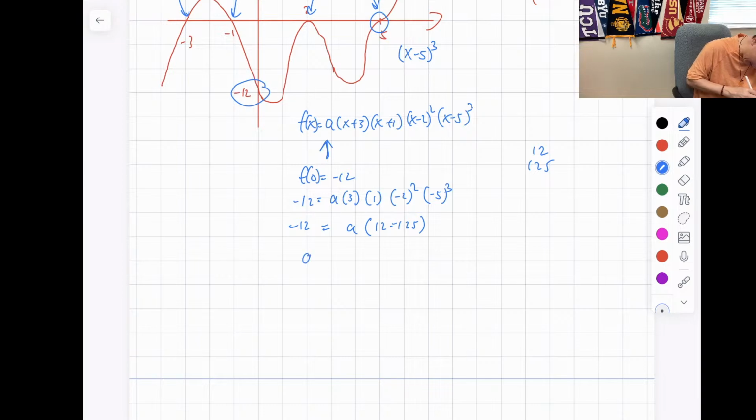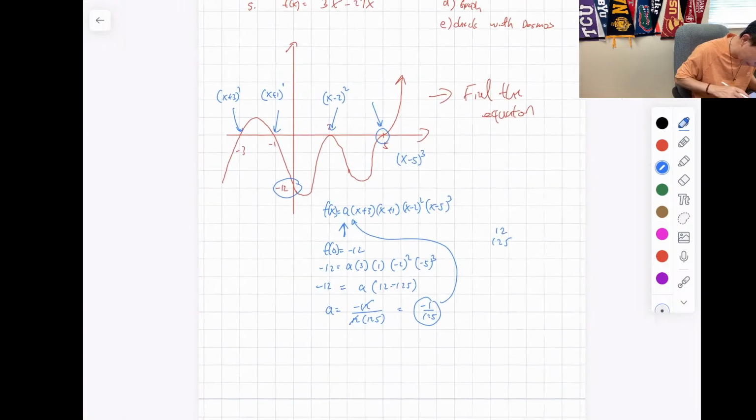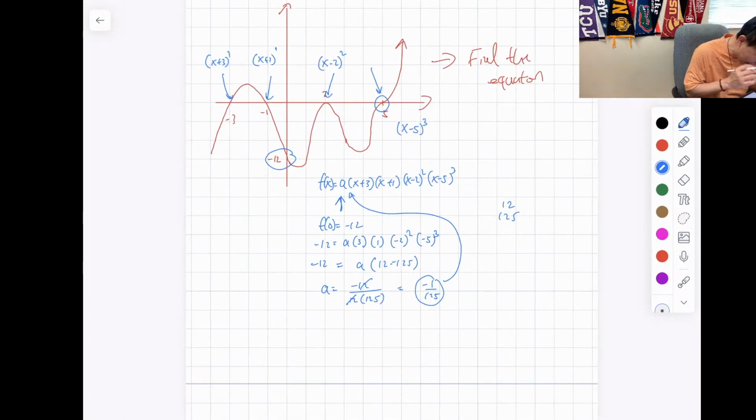And then a is equal to negative 12 over 125. So the answer should be negative 1 over 125. So go back and replace the a. And hopefully we did this correctly. I don't know how accurate this is, but as long as those 5 points are indicated, the rest of them just need the general shape.